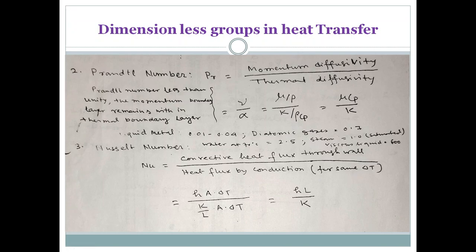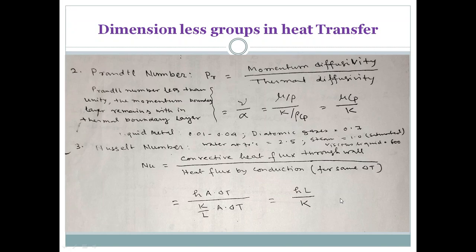Convective heat transfer is h A delta T, and conductive is k by L A into delta T. So it will cancel out to hL by k, where L is the characteristic length.